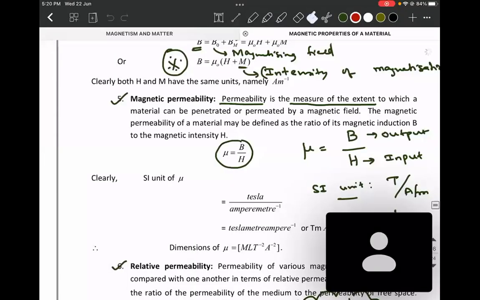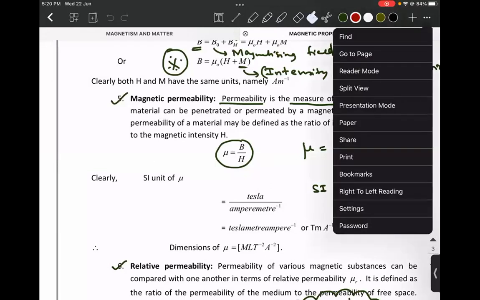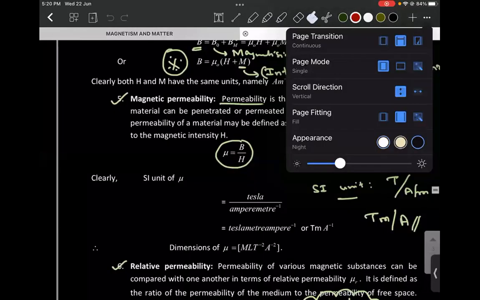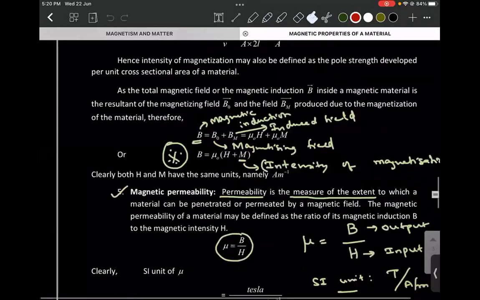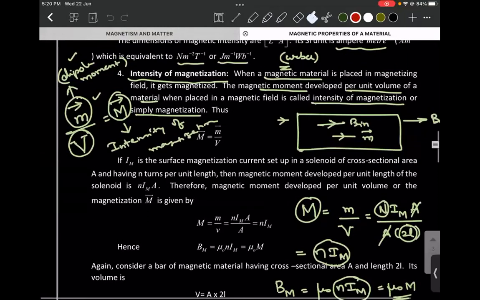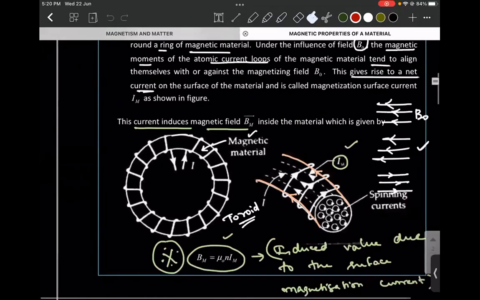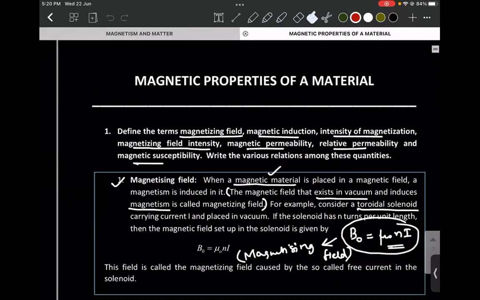So in yesterday's class, we were discussing some important points, right? I was telling you about different kinds of magnetic properties of a material. I hope we went through them, right? So just to recollect, let's discuss those points.